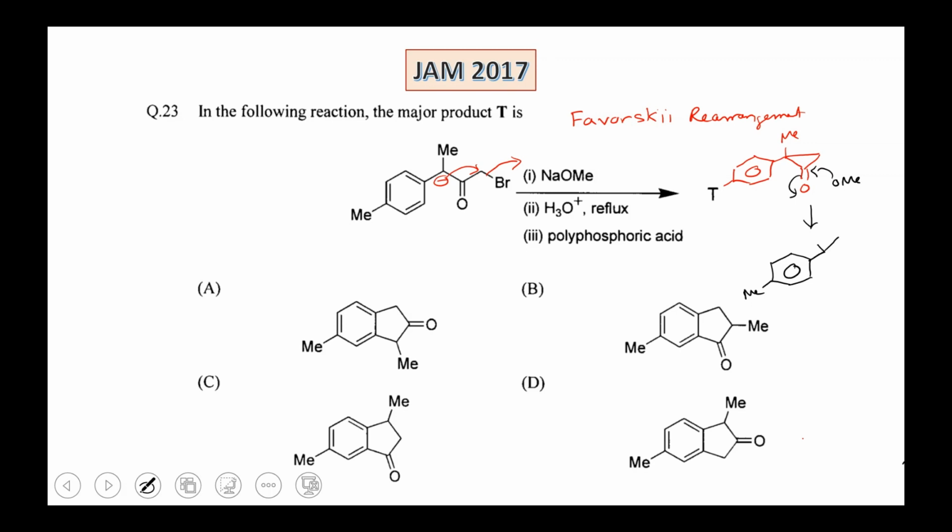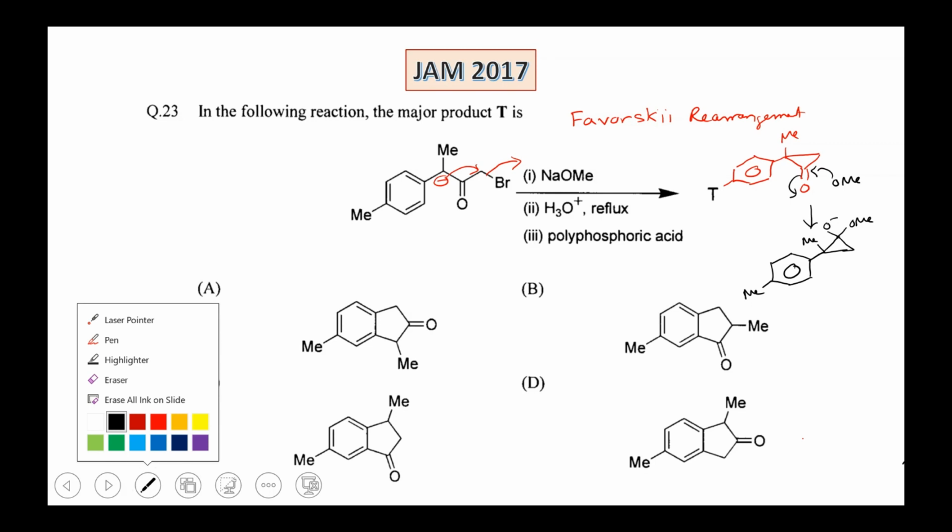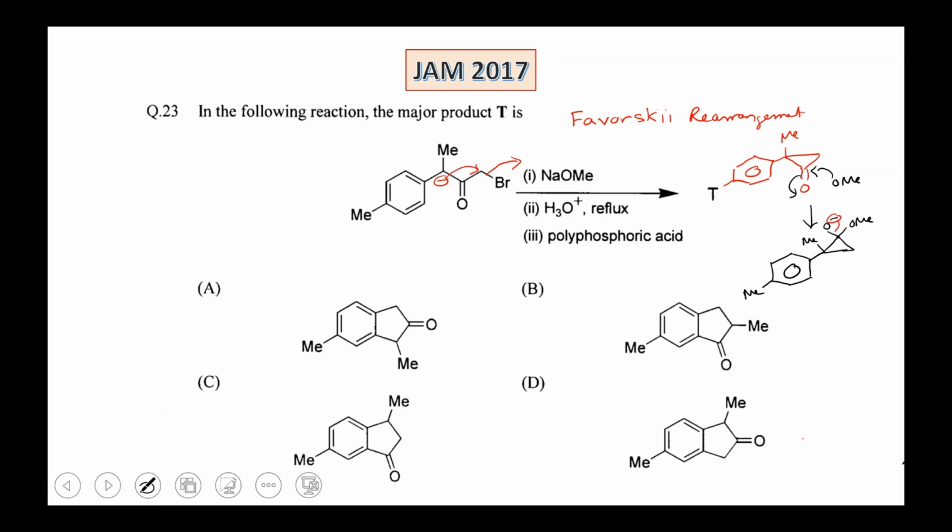So maybe I'll write it upside down so that it becomes clear. O minus, OMe. Then when this O minus reverts, the cleavage will be in such a way as to give a stable carbanion. So this will be the cleavage giving us carbanion which is stabilized by the resonance from the benzene ring.